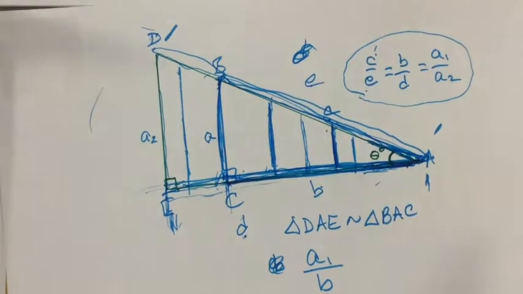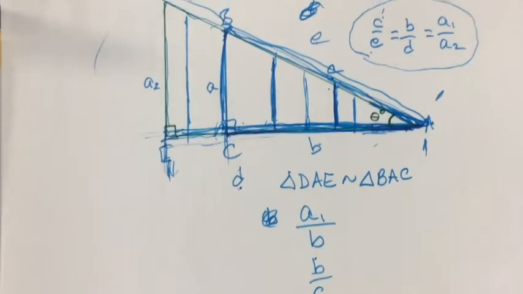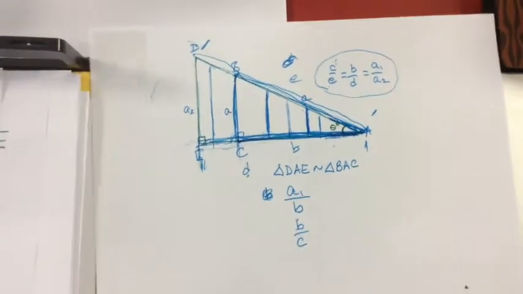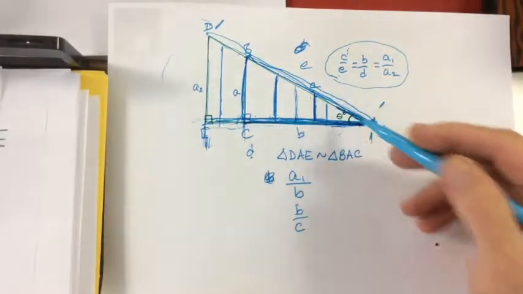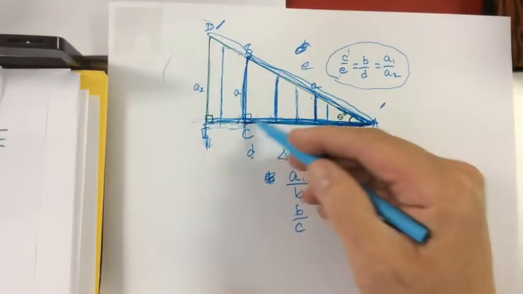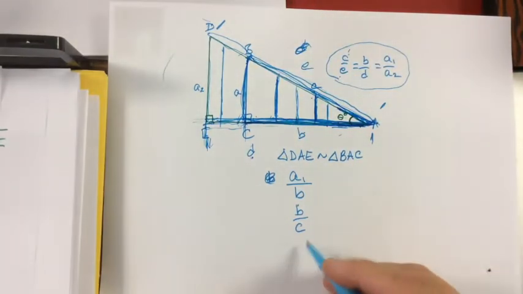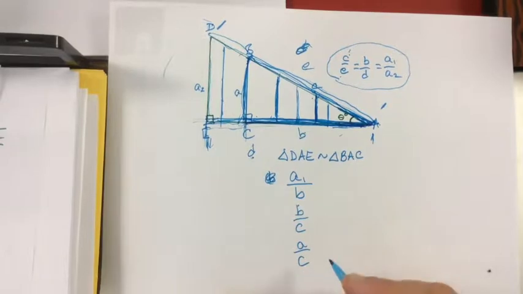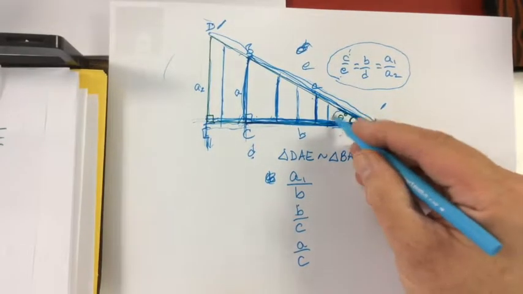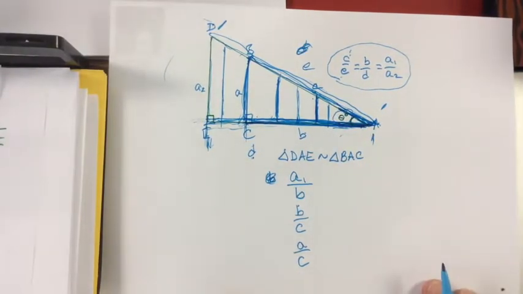What's the ratio? Those ratios will always be the same. Now, I'm using B over C because I'm using this triangle as my example. But then also, A over C will also always be the same as long as it's a right triangle with that angle in it. That's part of similarity and the proportion rules.